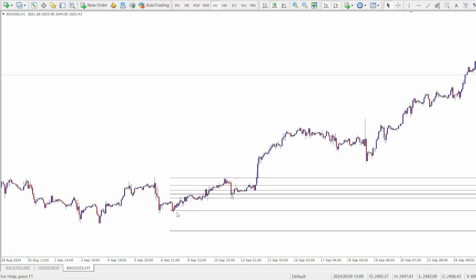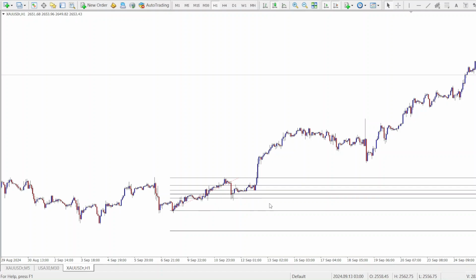So we can see that in this bullish move, after the price got to this point, this is our point A, this is our point B, you can see that the price of the gold asset retraced to the 61.8% level, the Fibonacci level 61.8, before it continued the bullish move, right?